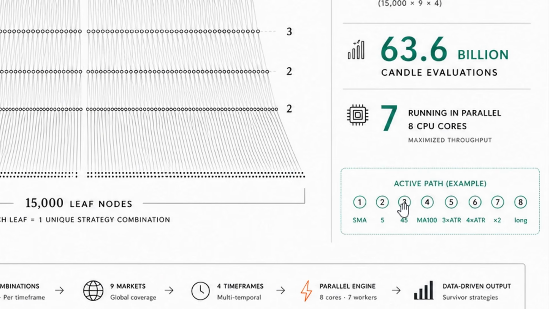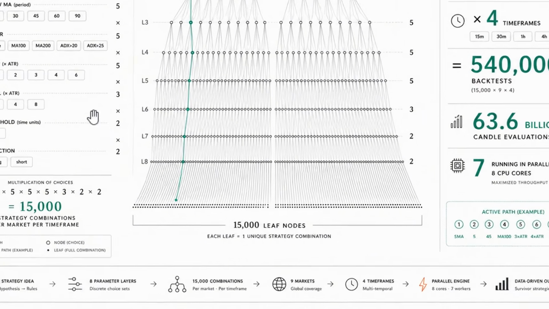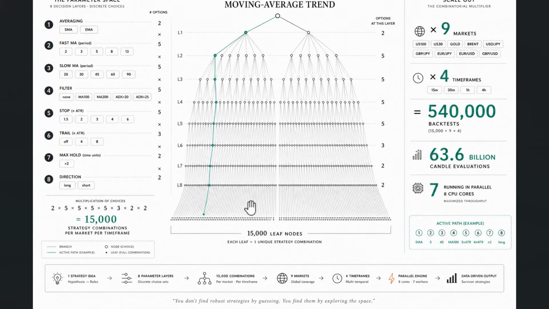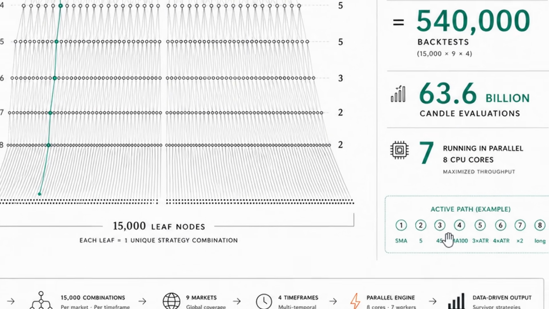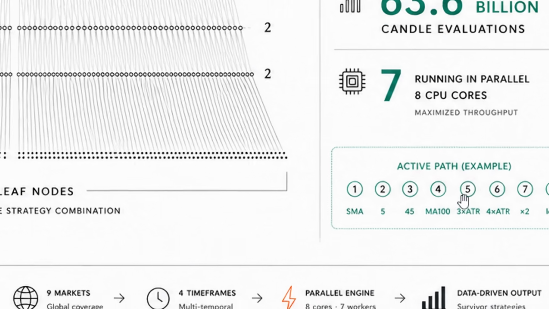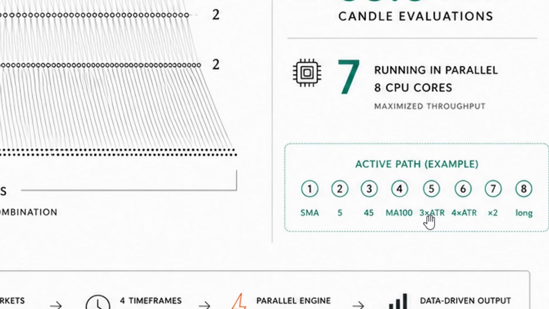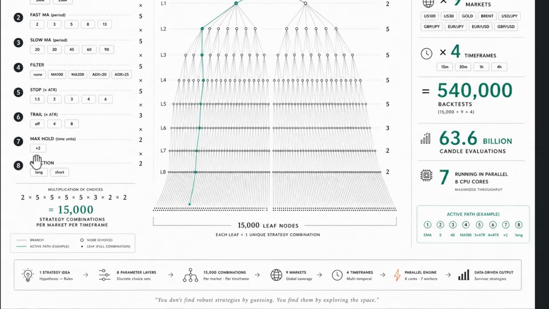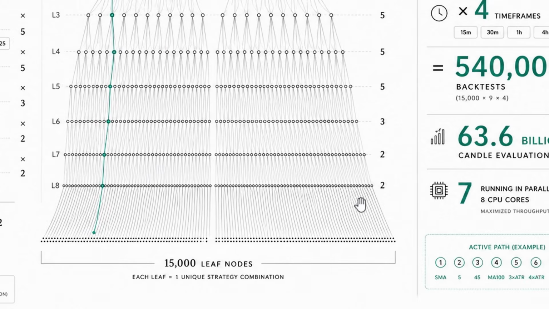For the slow one, I'm using 45. For the directional bias, we're going to use the moving average of 100. For the stop loss, we're going to use 3 times the ATR. For the trailing, I'm going to use 4 times the ATR, and the last layer is max hold 2.